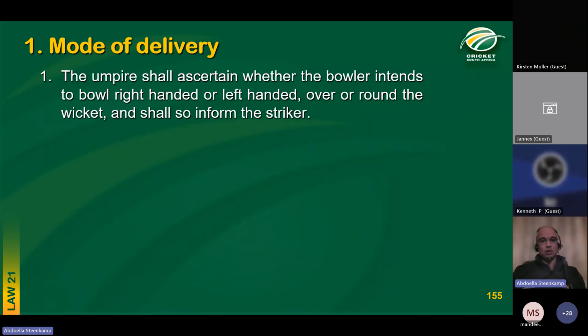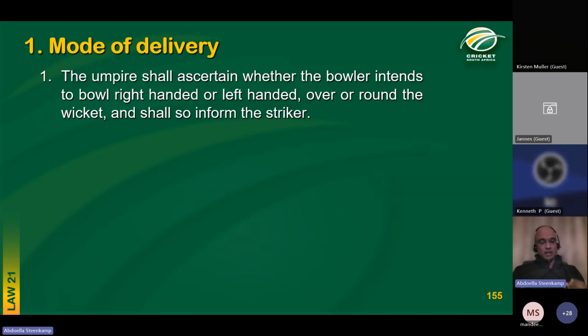And then you also need to ask whether the bowler is going to bowl over or around the wicket. And after getting this information, whether left or right and over or around, you then need to inform the striker of this. In the next slide, I will explain in more detail what is meant by a bowler going over the wicket and a bowler going around the wicket.